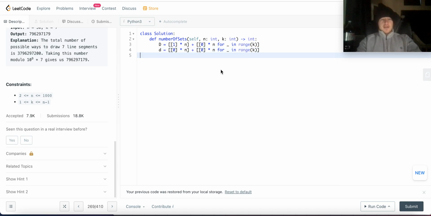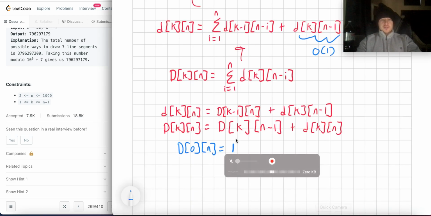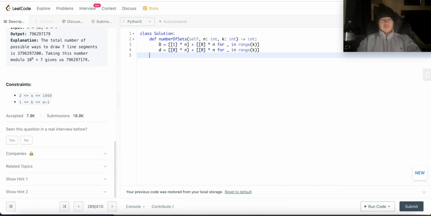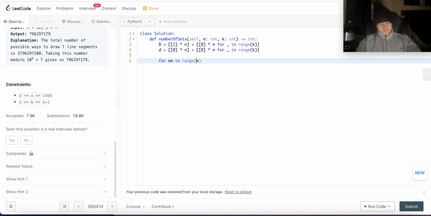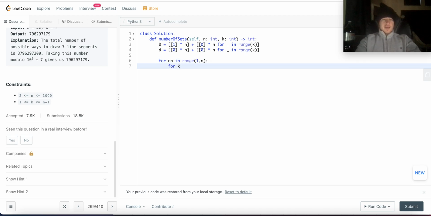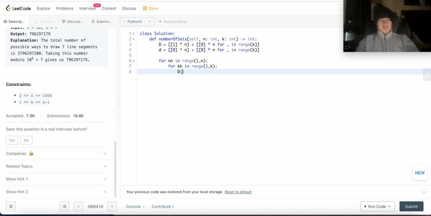Okay. And then now let's just run through this recurrence relationship. So we'll go through n through k. So for nn in range, we don't need to look at n equals 0. For k in range k, we'll just update using this recurrence relationship and not think about it too much.